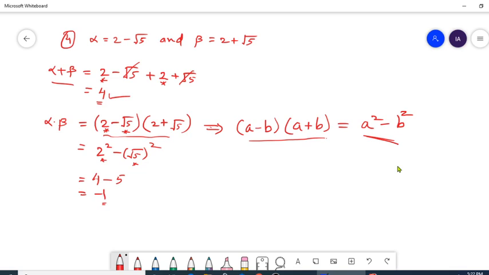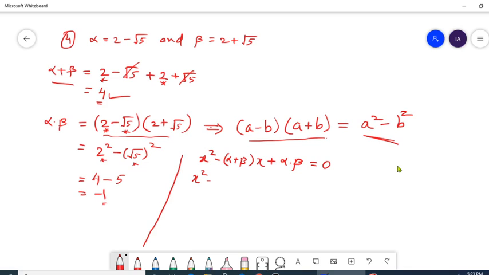We will take our general form of the equation, which is x square minus (alpha plus beta) into x plus alpha into beta equals to 0. As per this formation, here we can take x square minus (alpha plus beta), in our case is 4.